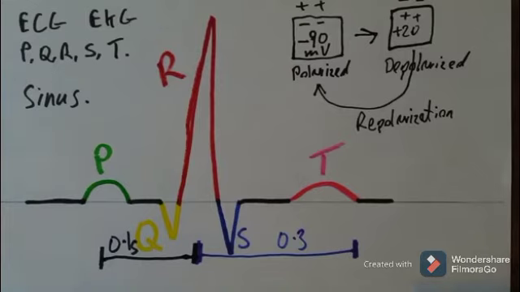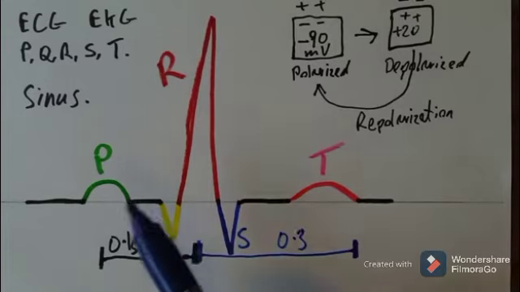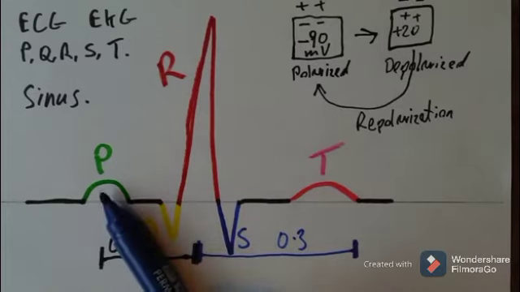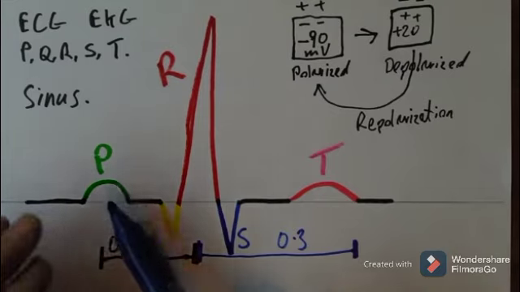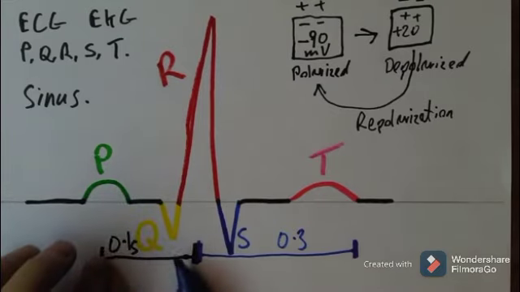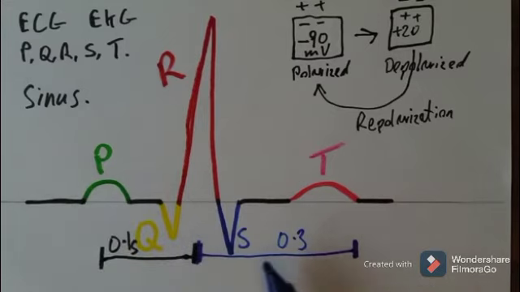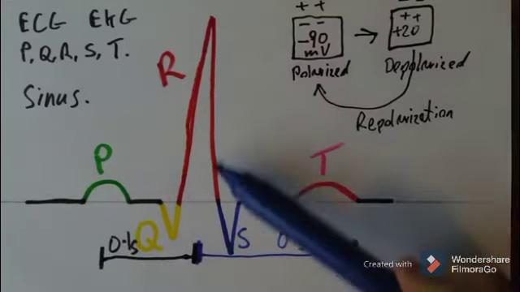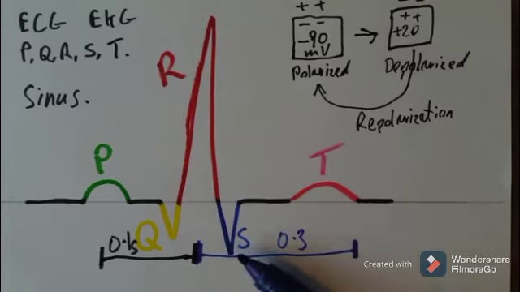So we see that the P wave in health can be considered to be the same as the atrial contraction. We know it's not quite the same because the atrial systole actually comes a little bit after. And we can consider the QRS to be the same as ventricular contraction. We know it's not quite the same because it occurs a little bit after.